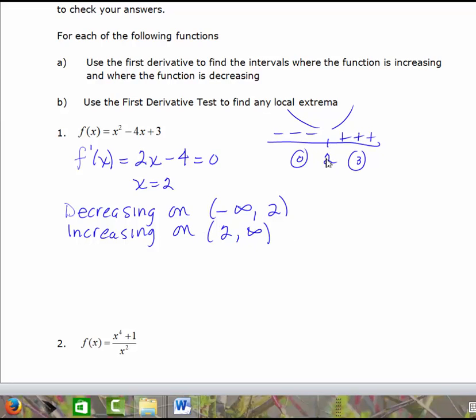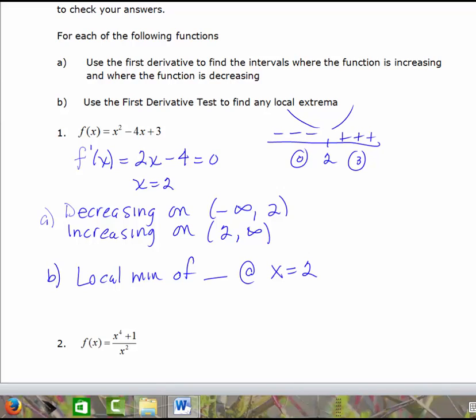I have a sign change at a critical value, so that tells me that I have a local min because the sign change went from negative to positive. So we have a local min, and we'll fill in that value in a minute, but that local min occurs at x equals 2.